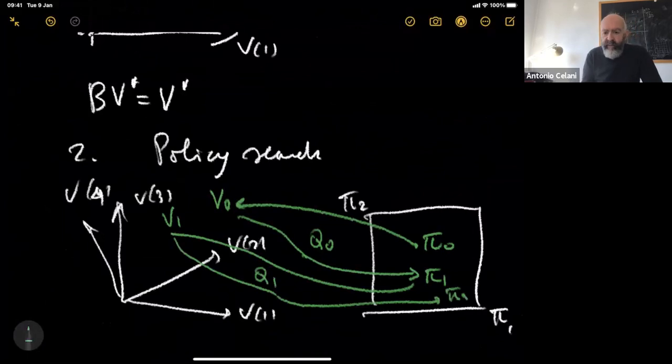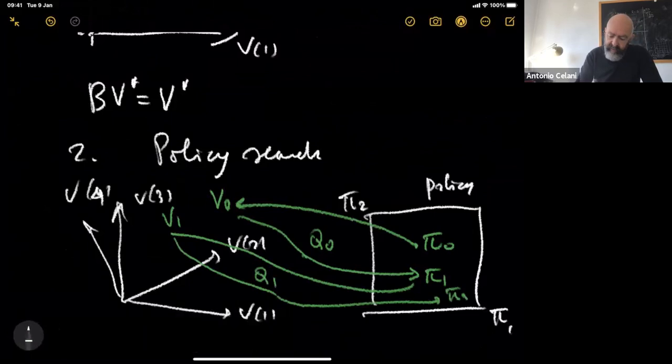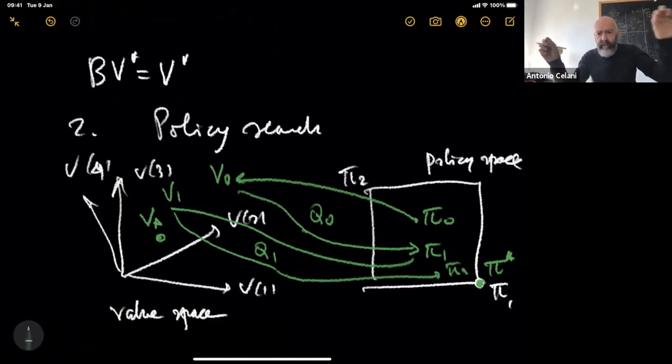And this going back and forth between the policy space and value space will eventually lead you down here at your optimal policy pi star, which will correspond to an optimal value V star. So you go back and forth like in a table tennis game. Eventually, this procedure stabilizes between the optimal value on the left and the optimal policy on the right.